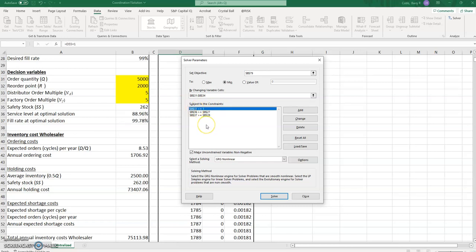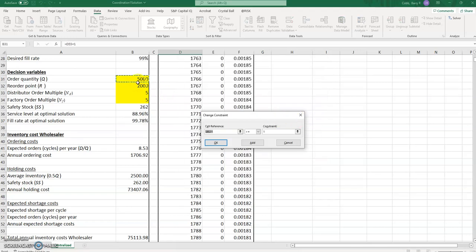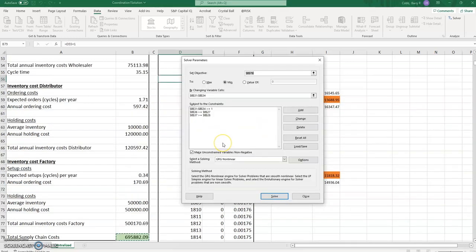Now, in terms of this constraint here, we'll change this slightly. It would be safe enough to just go ahead and say that all 4 of these changing cells need to be greater than or equal to 1. Click OK.